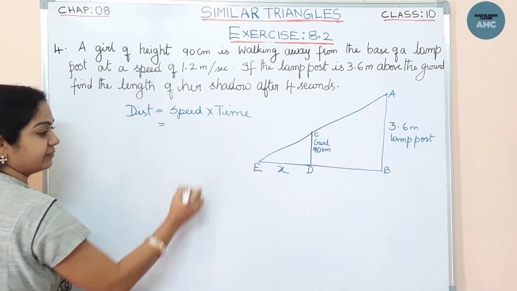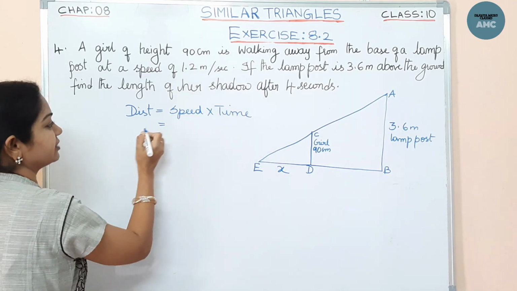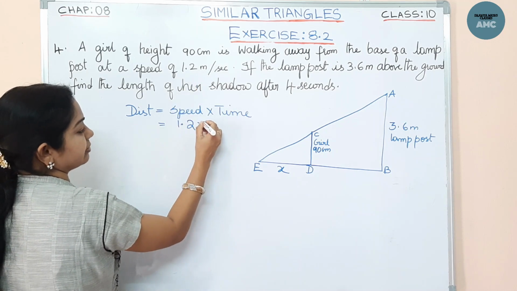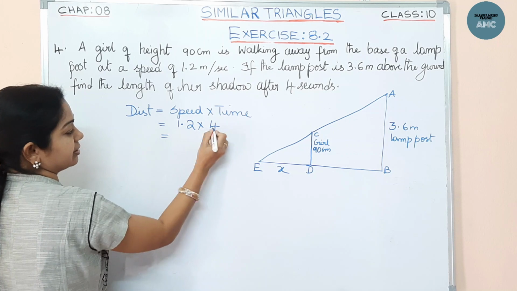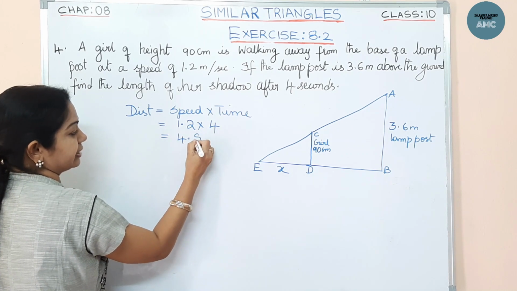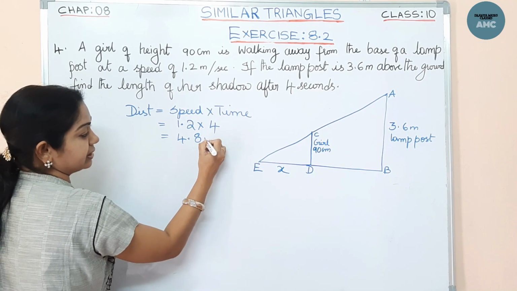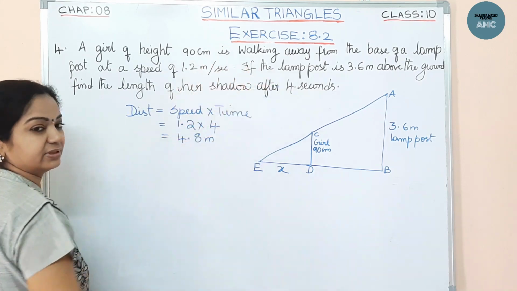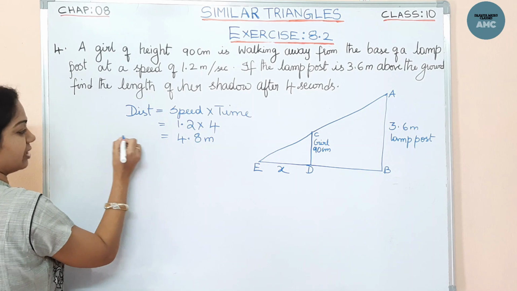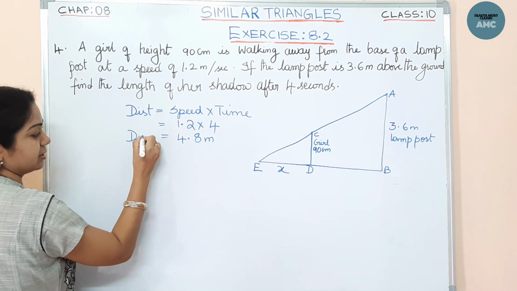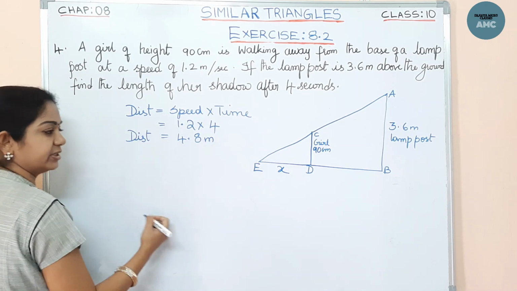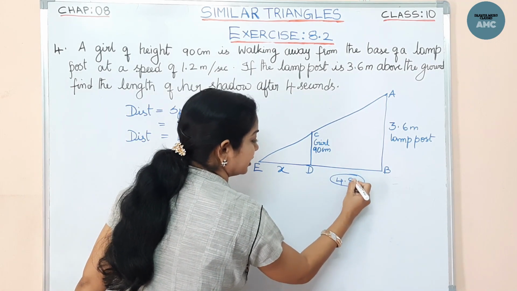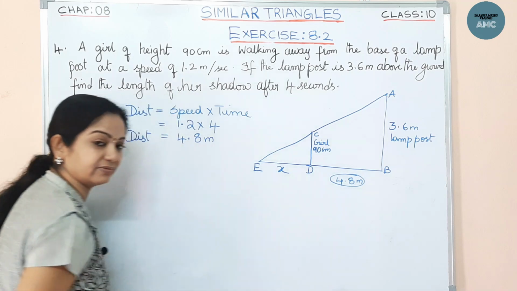So, the distance traveled by the girl, let me first calculate. The speed is 1.2 into the time, 4 seconds. So, that comes to 4.8 meters, because everything is given in meters. So 4.8 meters she has traveled.